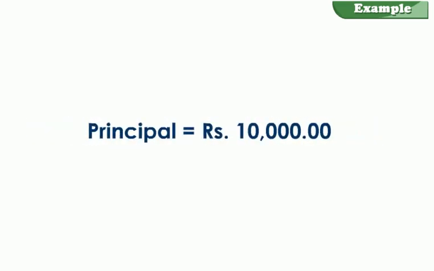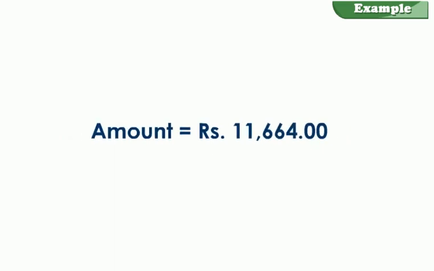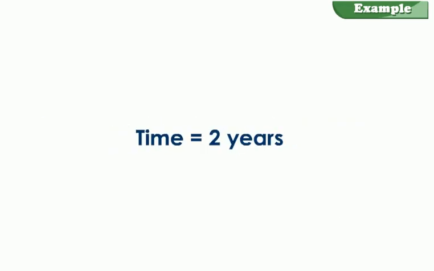Students, here principal is equal to rupees 10,000, amount equals rupees 11,664, and number of years, that is n, equals 2 years. We need to find the value of r.